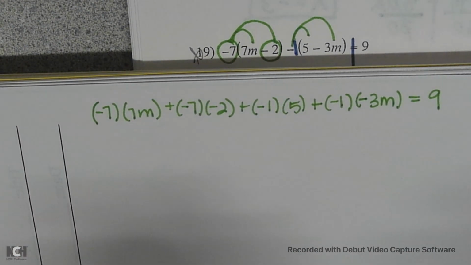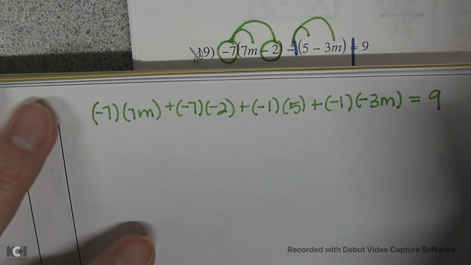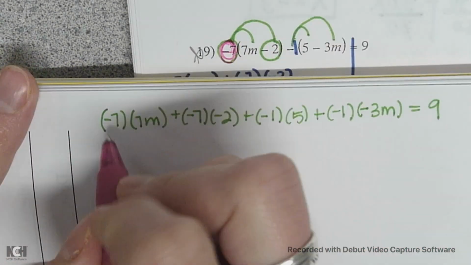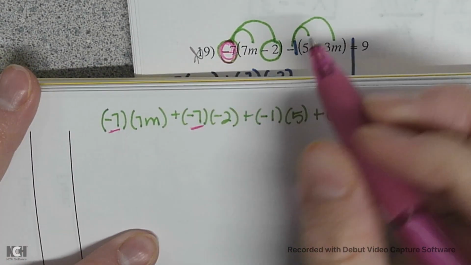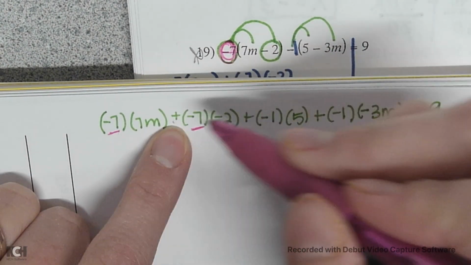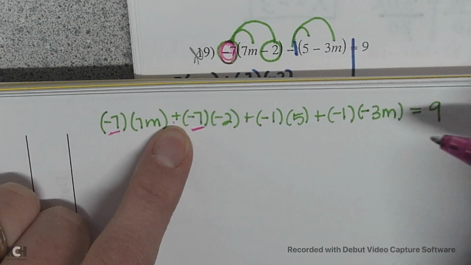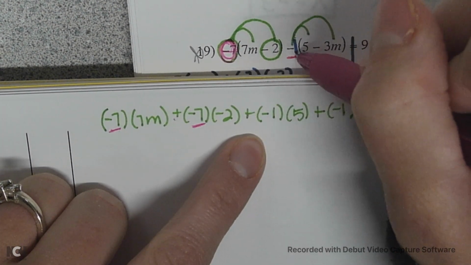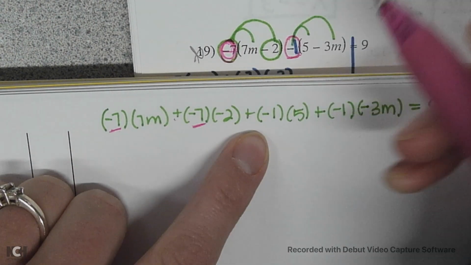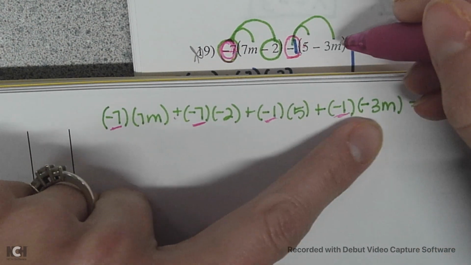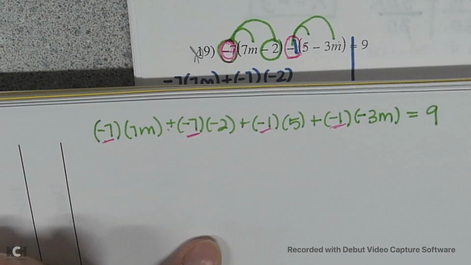Okay, so in case you can't see or you're confused, I got my -7 here, and it's -7, -7. I distributed it to my 7m and my -2. Always put plus signs in between your multiplication, okay? And then I have my -1 right here, and it got multiplied by my 5 and multiplied by -3m.